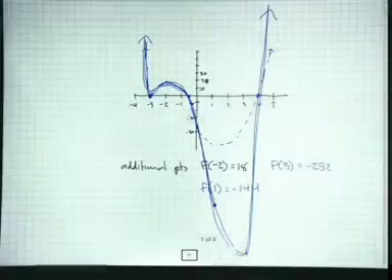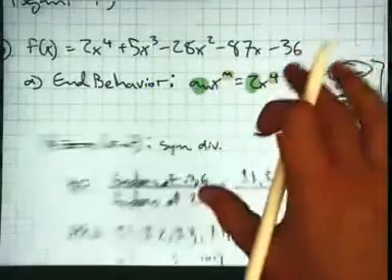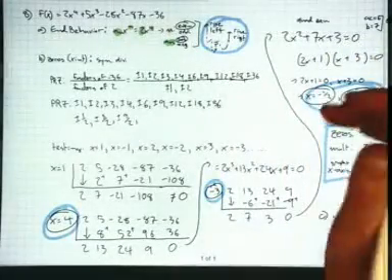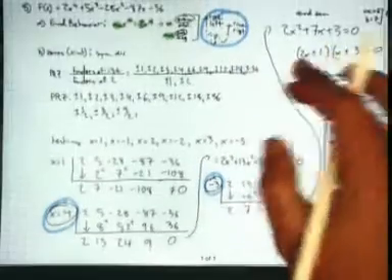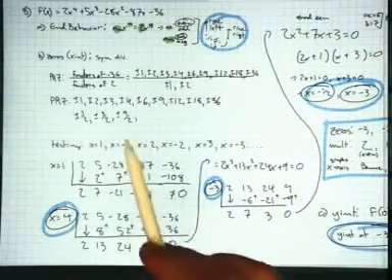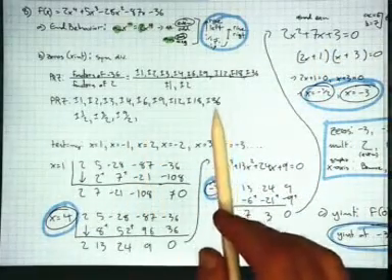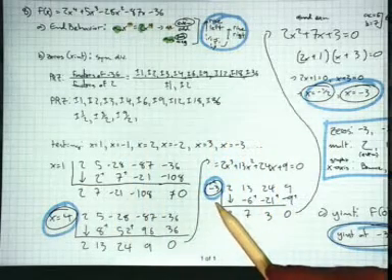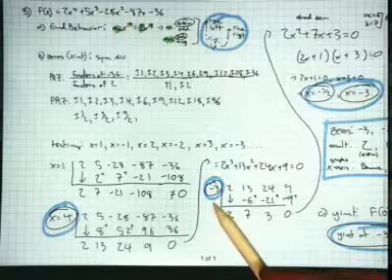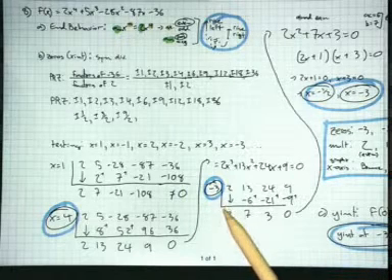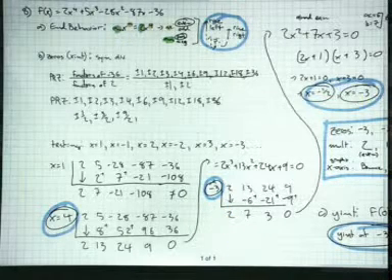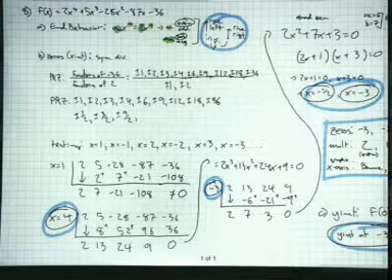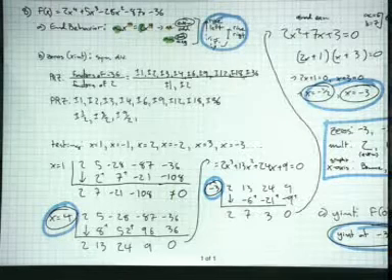Now, what made this problem a doozy, so to speak, was the fact that we had to go through a synthetic division process, and the first real zero that you would find would be here at negative 3. Now, I have a 100% guarantee when it comes to exams or quizzes.